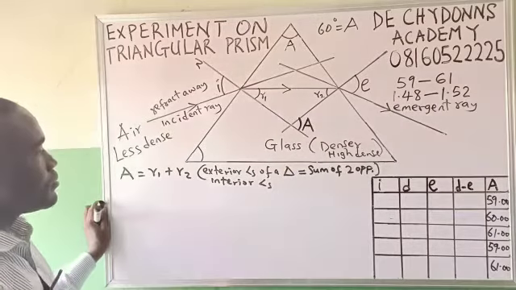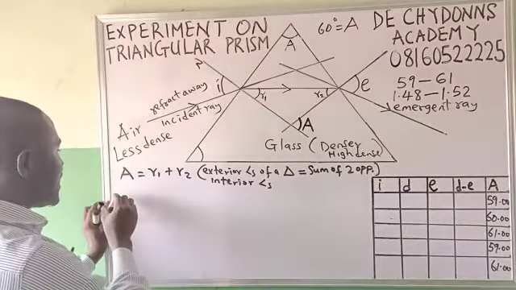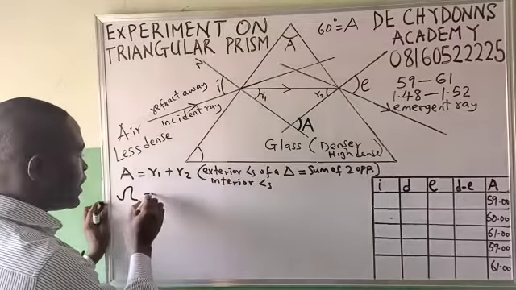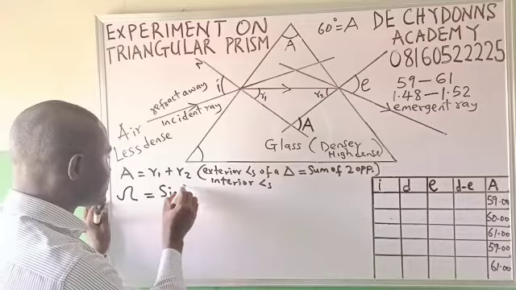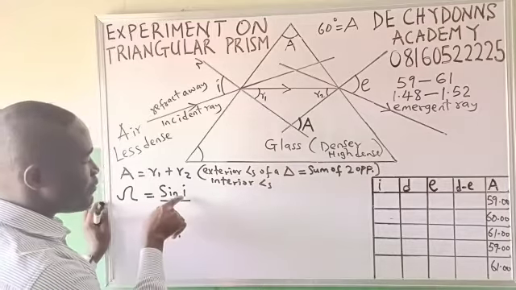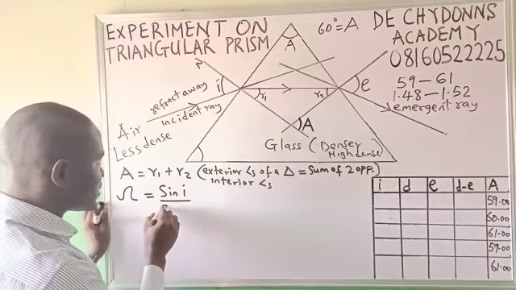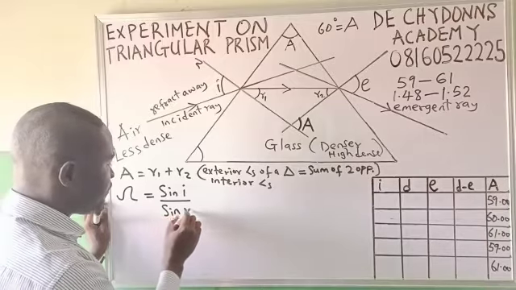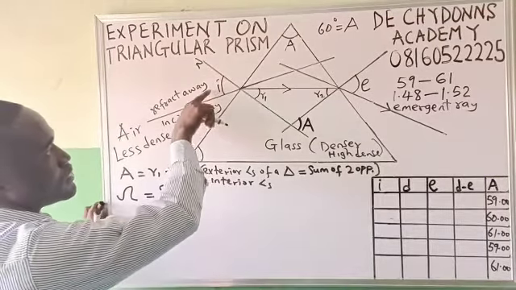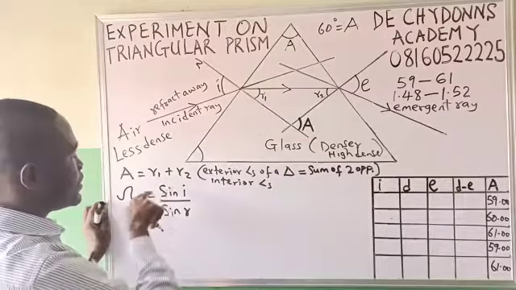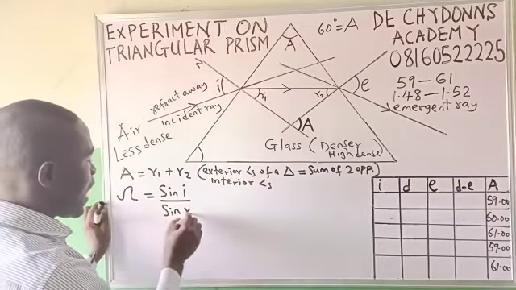But before then, we noted that refractive index is equal to sine of incidence, or sine of incident angle, all over sine of refracted angle. Here, refractive index is equal to sine I all over sine R1.